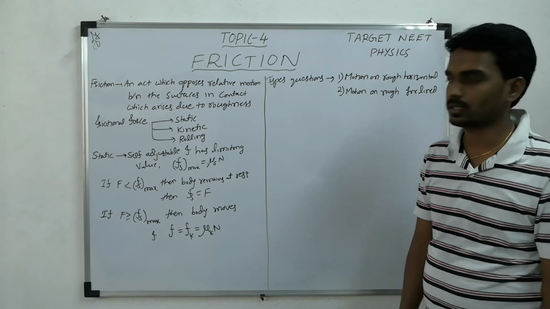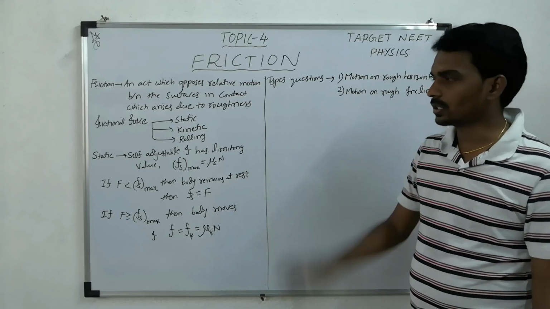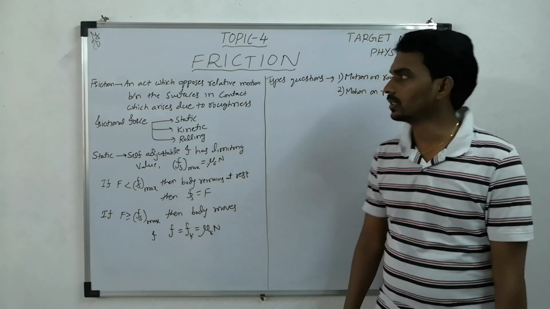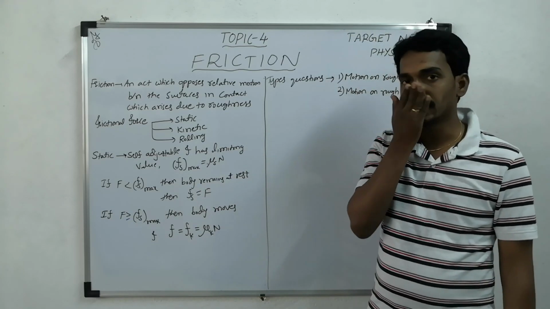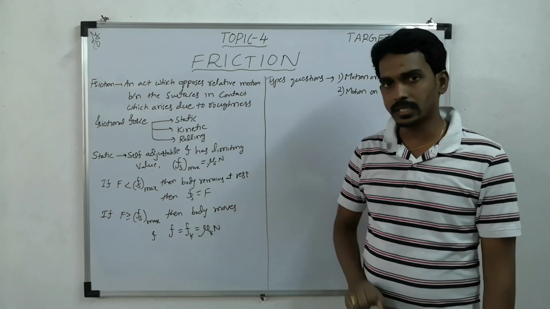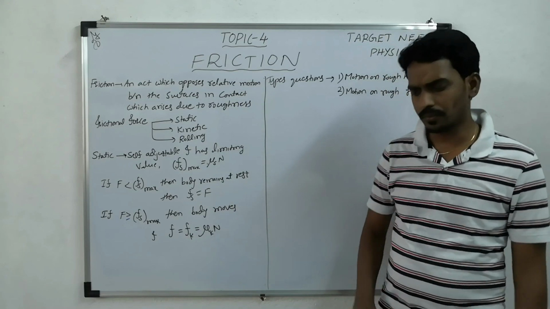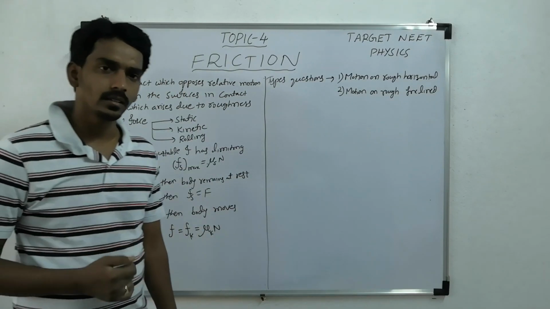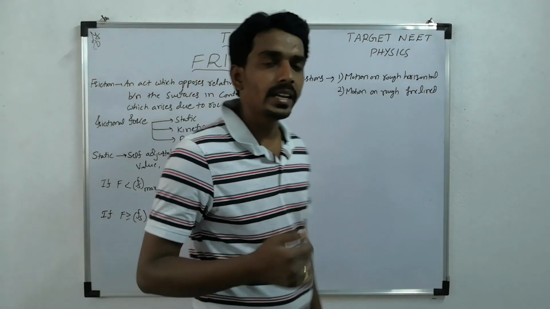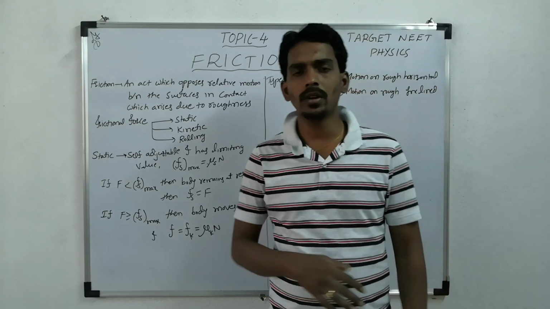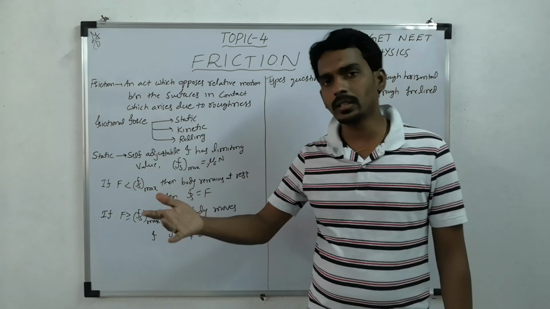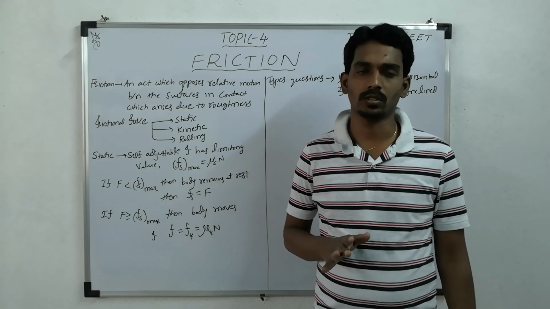Now take the types of questions based on which we get questions in entrance exams. This is basic data, basic formula. Everything depends upon first understanding the direction of friction. Always choose the direction of friction: if the body is moving, then opposite to motion.